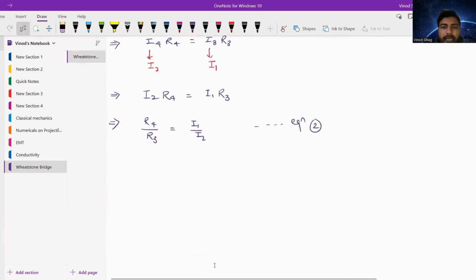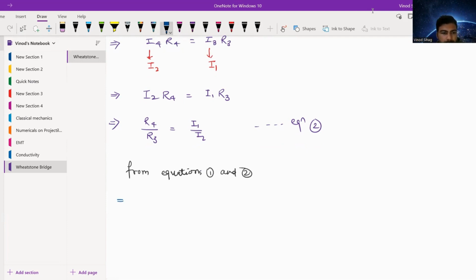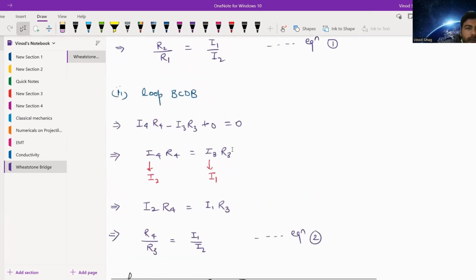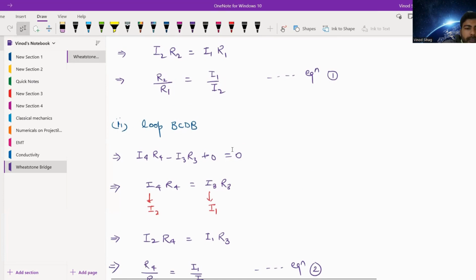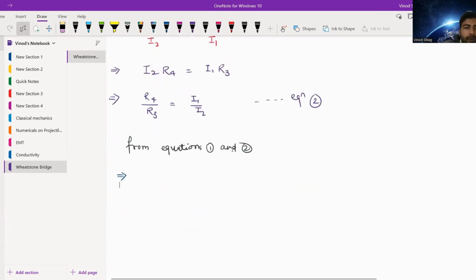So if we equate equation number 1 and equation number 2, what we will get from equations 1 and 2? We are getting R2 upon R1 is equal to R4 upon R3.